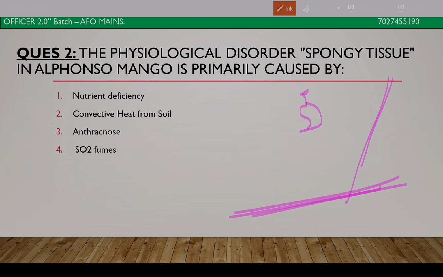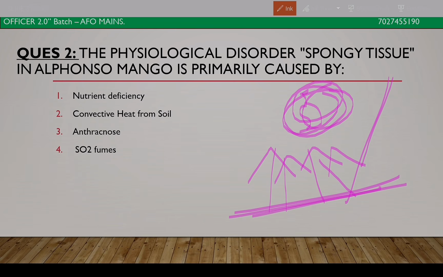The sunlight falls and the soil radiates the heat to the atmosphere, and this heat makes the surrounding temperature higher, and due to this, anaerobic fermentation occurs inside the mango, and this leads to ethylene buildup inside the tissue, forming spongy tissue. And also one thing you must remember, the skin of Alphonso mango is thin as compared to other mangoes. So the Alphonso mango is susceptible to what? Spongy tissue.